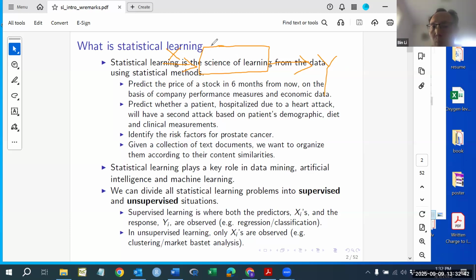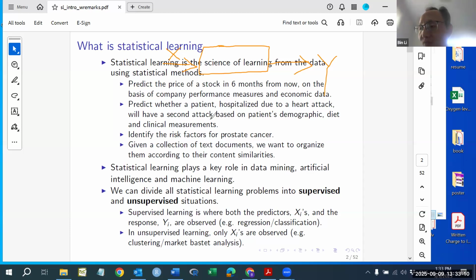Okay, so the goal is to open this black box, which may not be possible, right? So what we do for the statistical models is we usually enforce some parametric form for the relationship between the x and y.